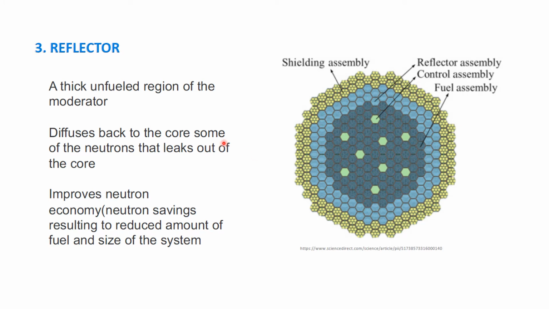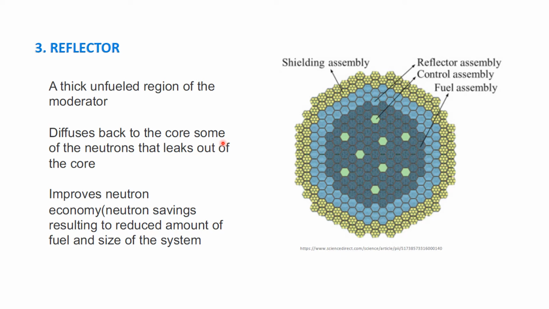The next component is your reflector. This is a thick, filled region of the moderator. Some of the neutrons from the reaction process can escape from inside your vessel, inside your reaction core, and this reflector will reflect your neutrons back into your reaction core.